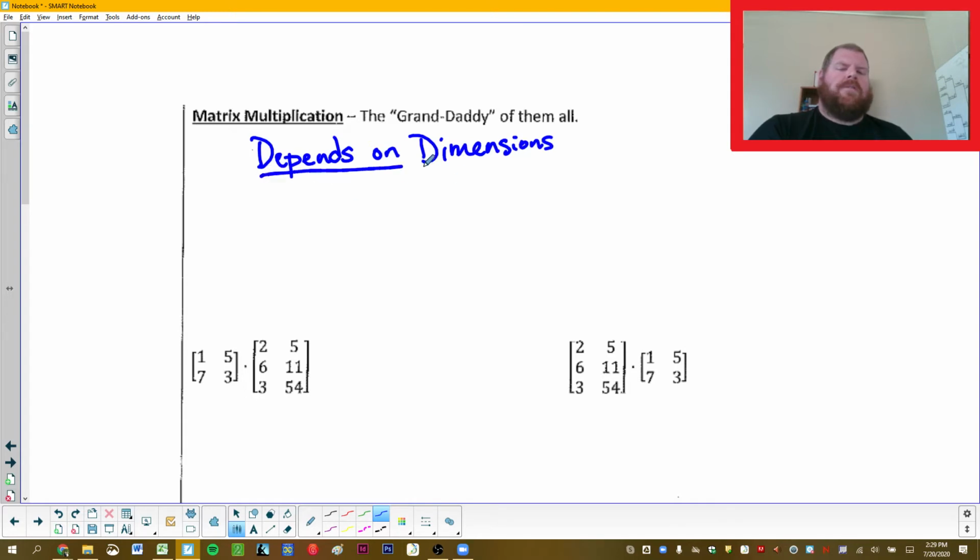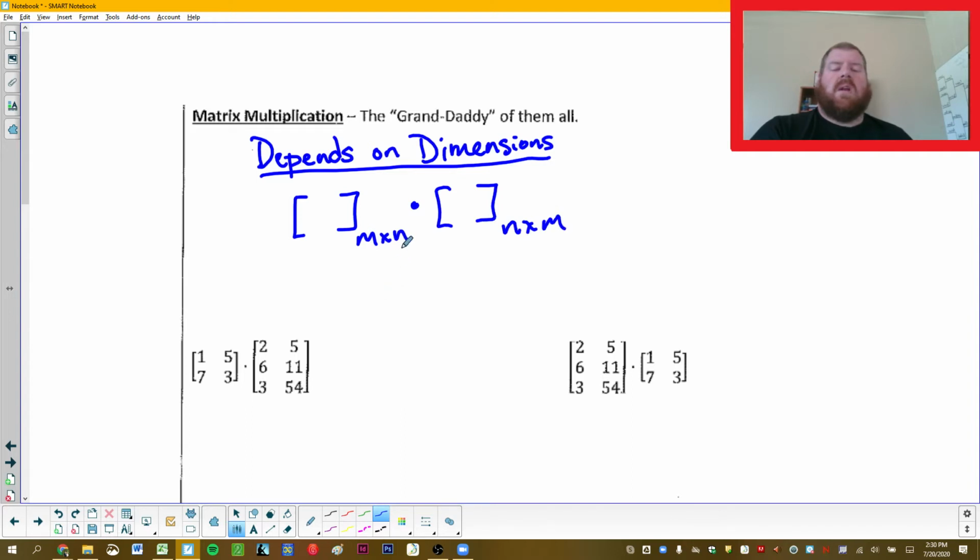And for that reason, if I have a matrix that is, we'll say m by n, the only time that I can multiply it by another matrix is if that other matrix is n by m.